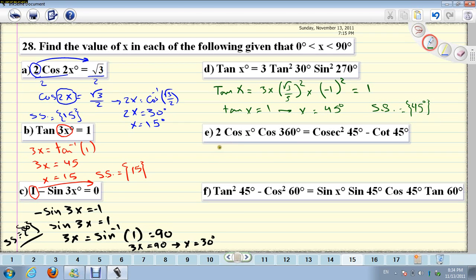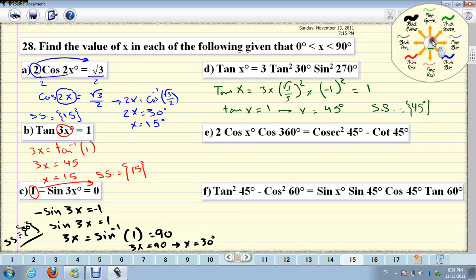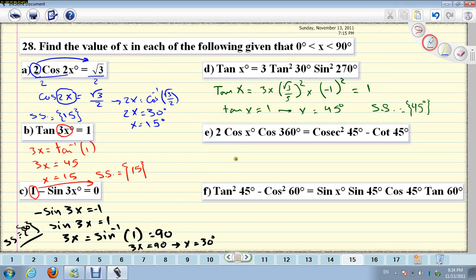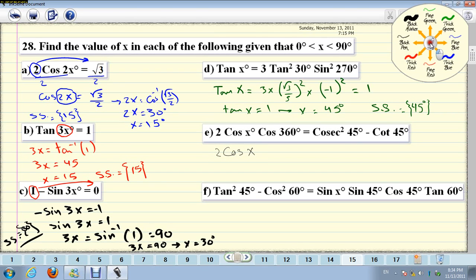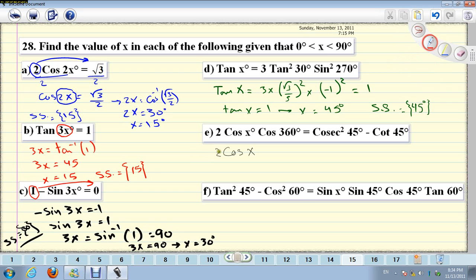Okay, for this one, let's use another color. We have fine green, black pen. So it's 2 cosine x. Actually, it's not good. Let's use the red one. So 2 cosine x cosine 360.